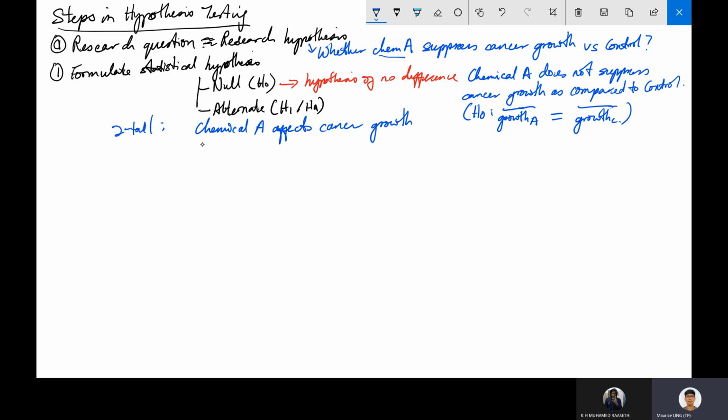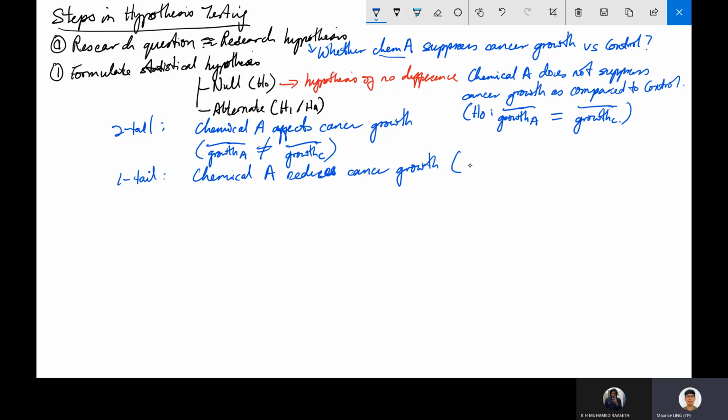Chemical A affects, which means that mathematically you write it as the average of growth in the presence of chemical A is different to the growth in control. Your one-tailed test will be in the form of chemical A reduces cancer growth. In this form, it will be that the growth in chemical A is lower than the growth in control.